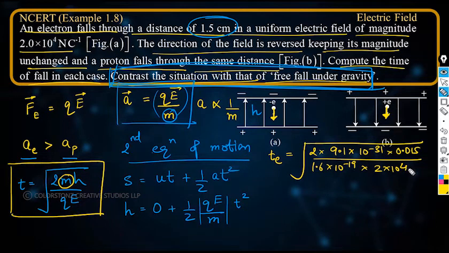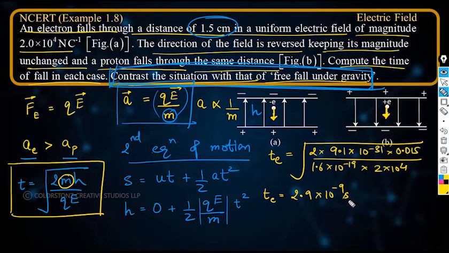You'll have to put all these values and simplify. It's a very lengthy calculation, but for practice, you can use a calculator and find the answer. When you do that, you will get that the time taken by the electron to fall through is 2.9 × 10^-9 seconds.